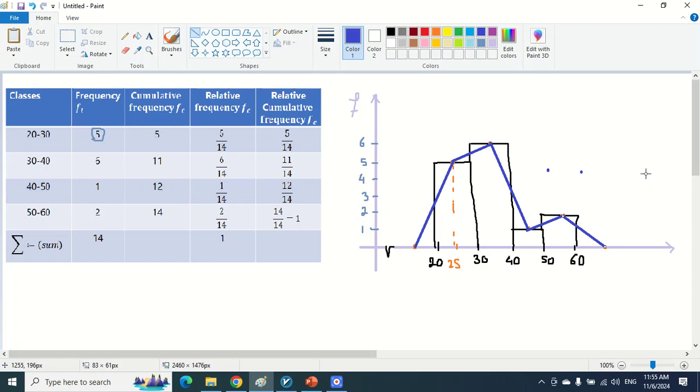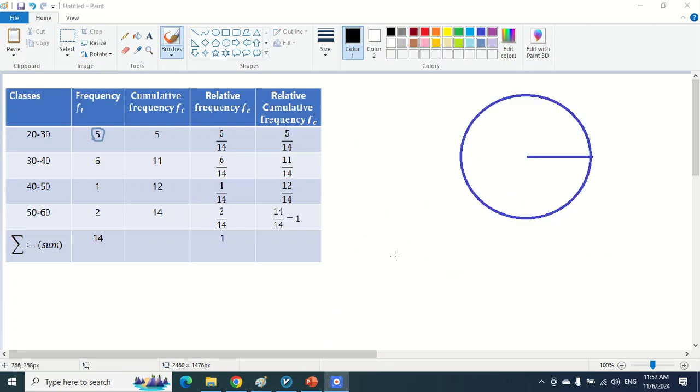The pie chart can also be sketched in a similar way by calculating the value for the degree in a pie diagram. Let us take a look at it. For the pie diagram or pie chart, we start by sketching a circle and one line over there. Then we multiply the relative frequency of each class. For example, the first class has a relative frequency of 5/14. We multiply this 5/14 by 360 degrees, which is the total degree of one circle.